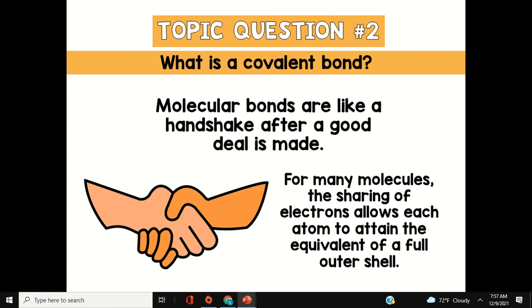The last part of question number 2 is just reminding you what a molecule is. So for many molecules, the sharing of electrons is going to be the reason why they're able to obtain a full shell. Once again, what's the purpose of all of this bonding?